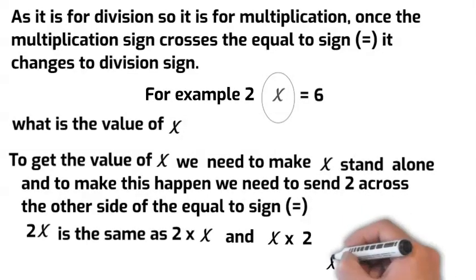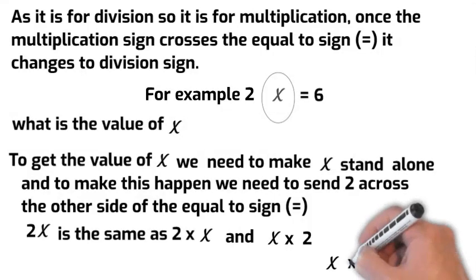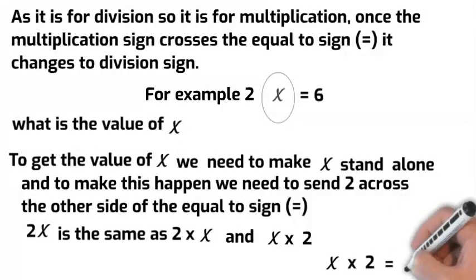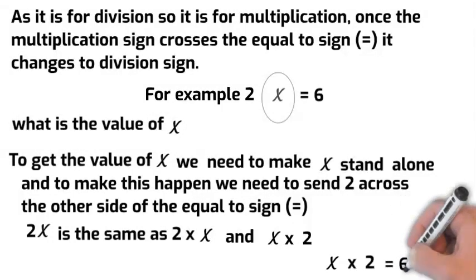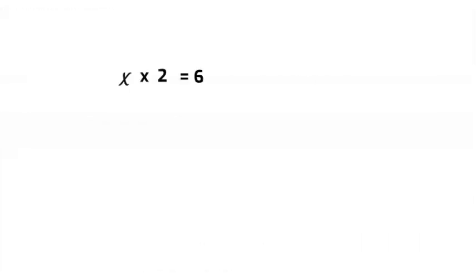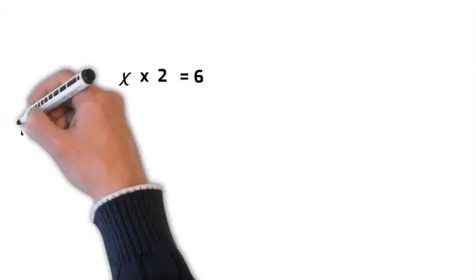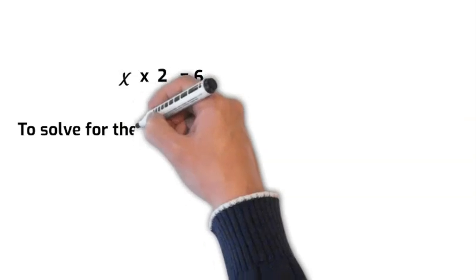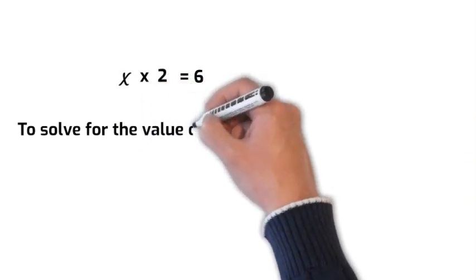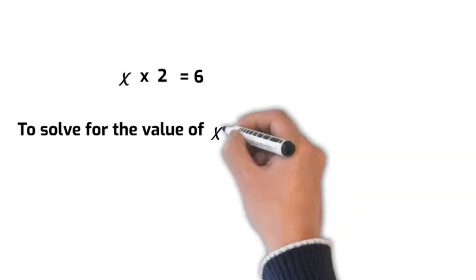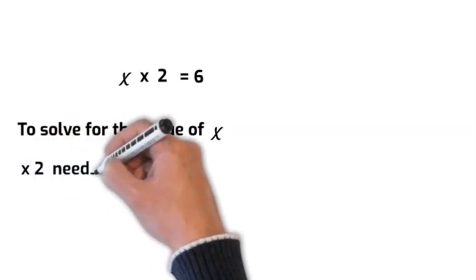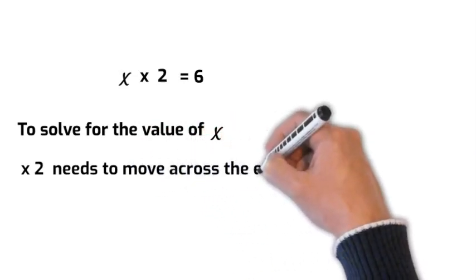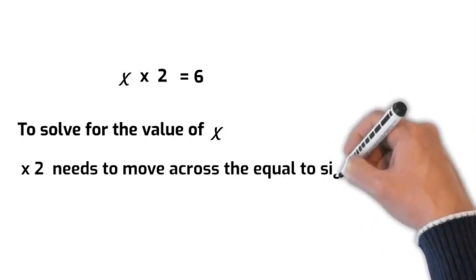So now, our equation becomes x times 2 equal to 6. To solve for the value of x, times 2 needs to move across the equal to sign.